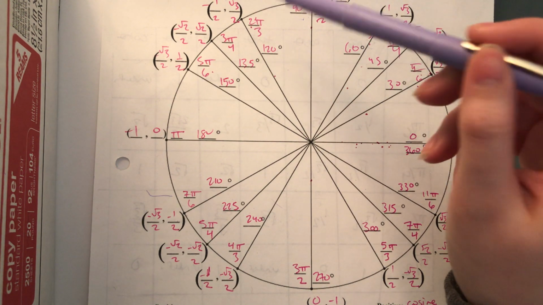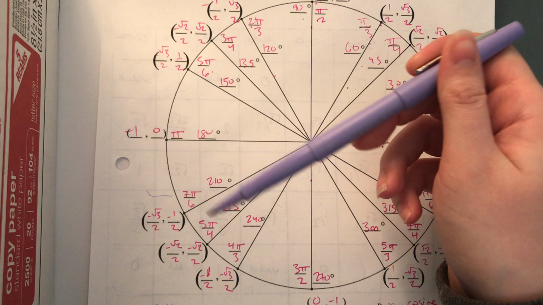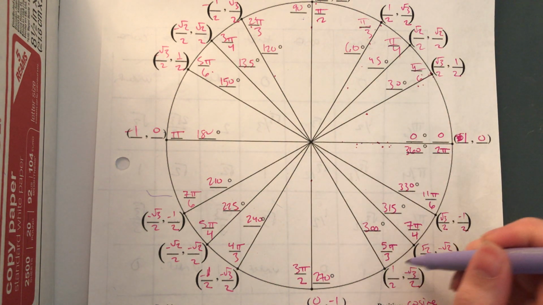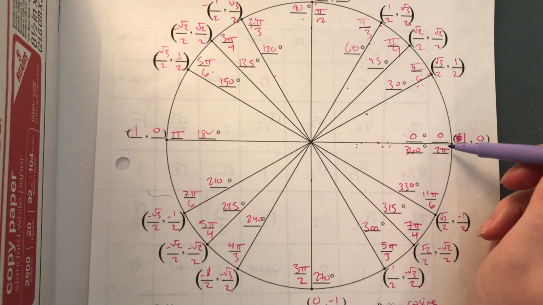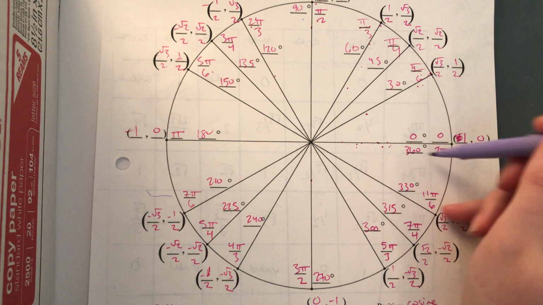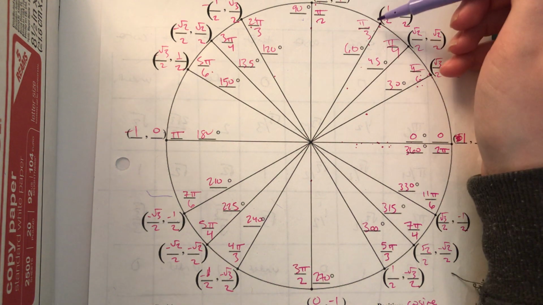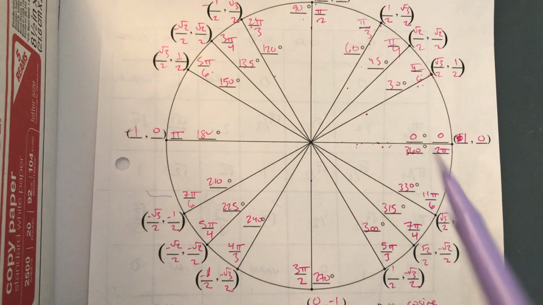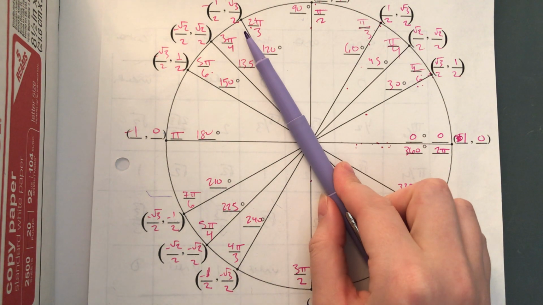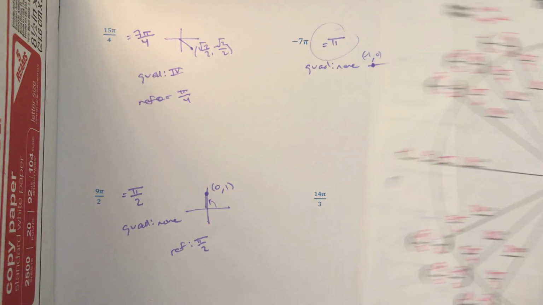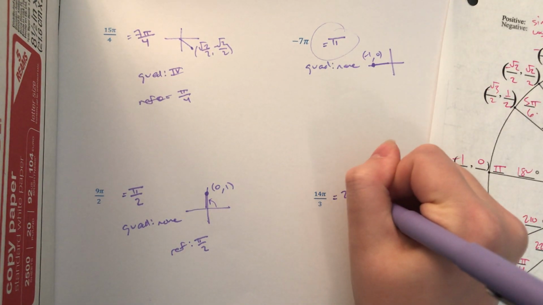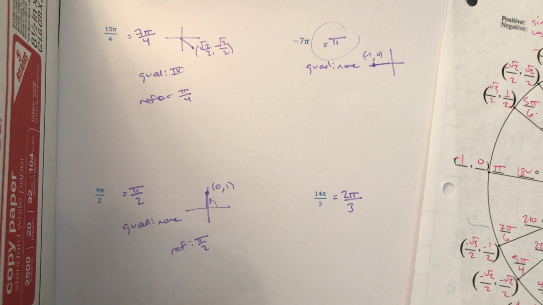7 pi over 3, 8 pi over 3, 9 pi over 3, 10 pi over 3, 11 pi over 3, 12 pi over 3. All right. We need 14, so we're at 12 pi over 3. 13 pi over 3, 14 pi over 3. So 14 pi over 3 puts us back at 2 pi over 3. So this is the same thing as 2 pi over 3.